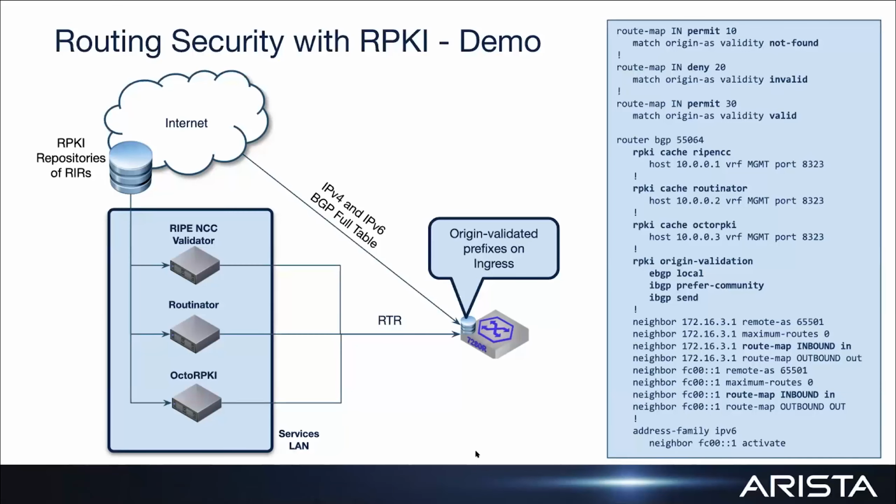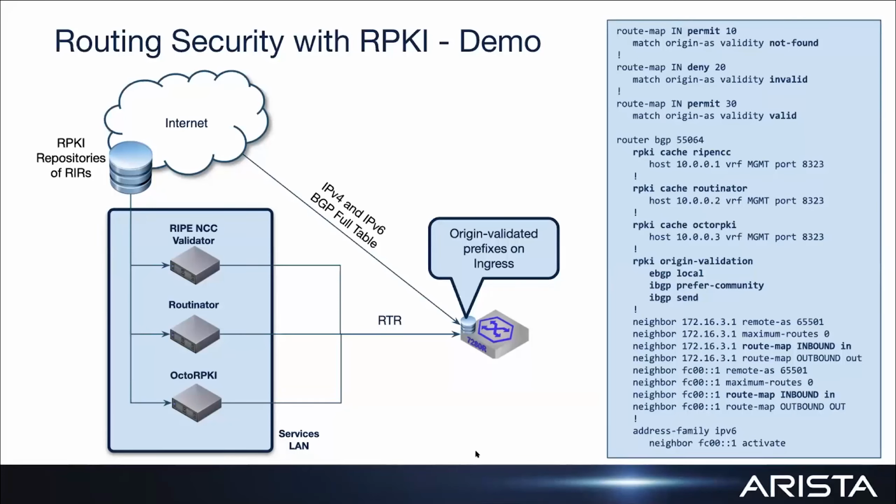On the right side, we see the configuration, what I'm doing. I have an inbound route map, which permits non-found ROAs. That means accept prefixes for which ROAs haven't been issued. We're denying invalid prefixes, or prefixes with an invalid ROA entry, and we're permitting valid ones.